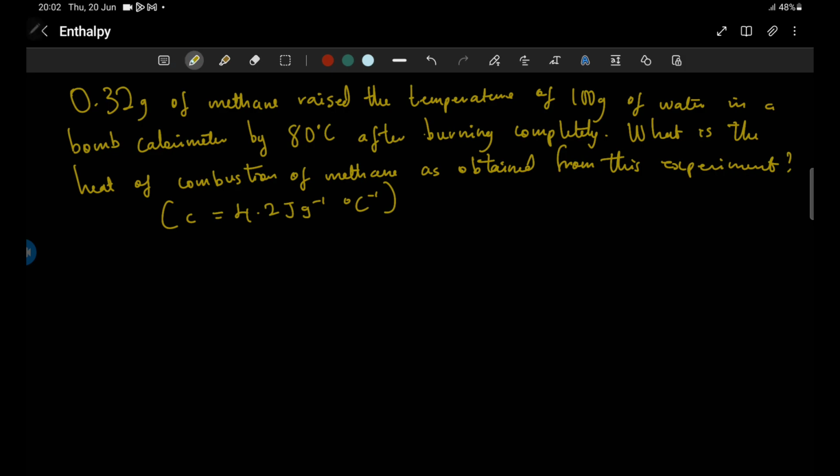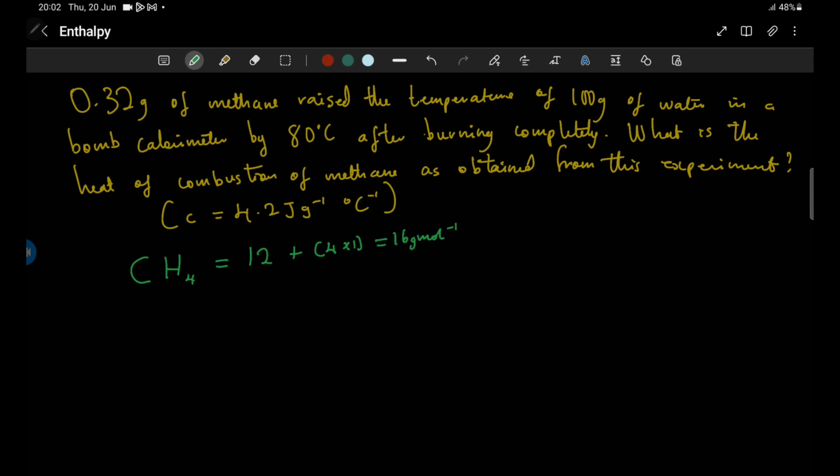Now the chemical symbol for methane is CH4, and you get the molar mass: 12 for carbon, and hydrogen is 4 multiplied by 1, and that gives you 16 grams per mole for methane.